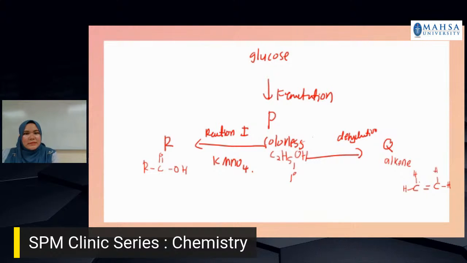So then after that, you can see colorless, done. Q, done. What about P?